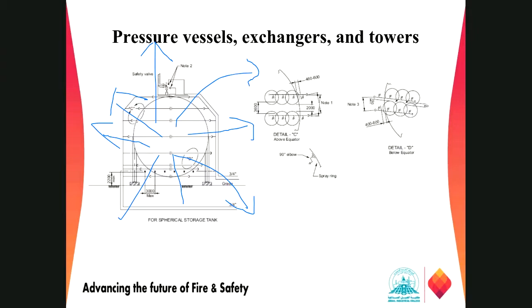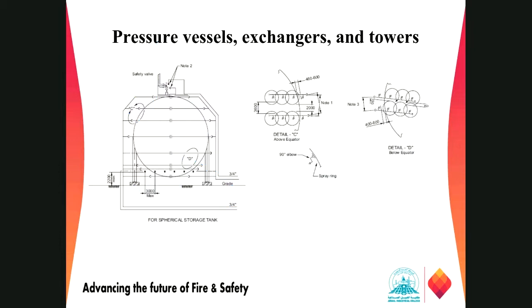So this kind of arrangement is very critical. We need to protect it with the water spray system, which is installed and maintained as per requirement. This is the application for the vessel.